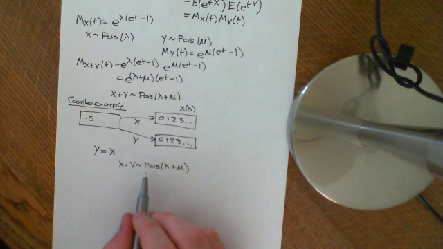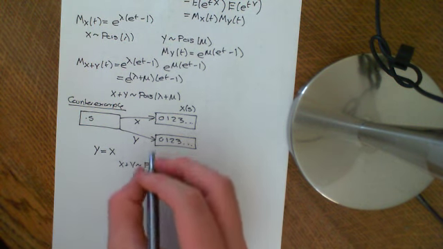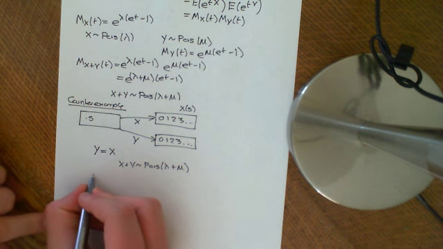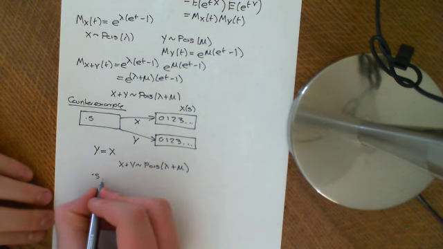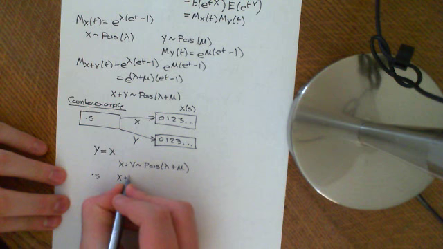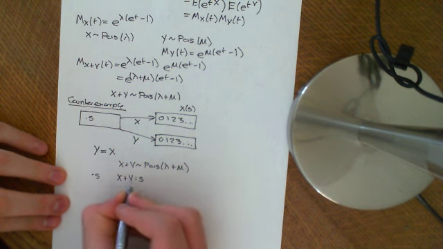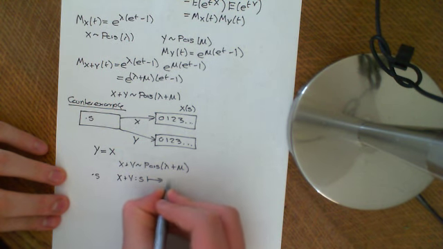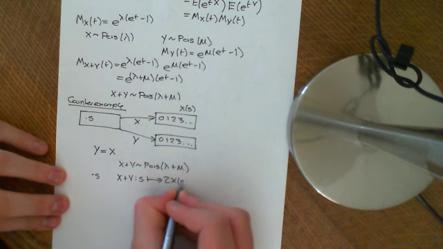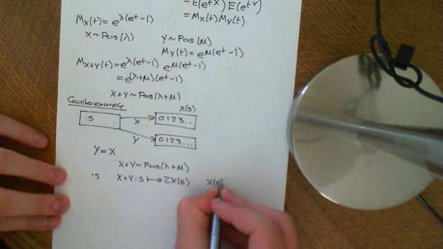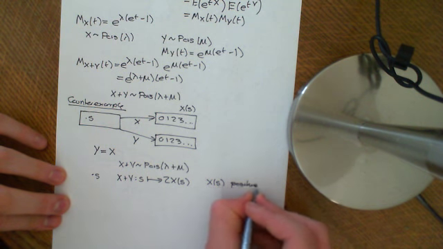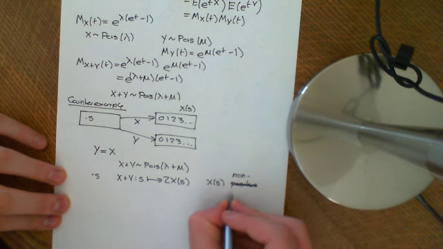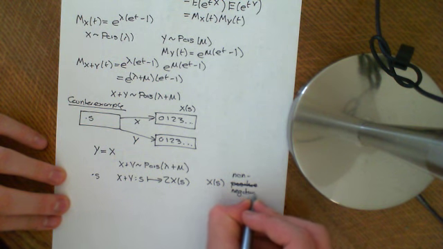Okay, but that cannot possibly be true, because if you take any value s, this random variable x plus y will map it onto 2 times x of s, where x of s was a non-negative integer.